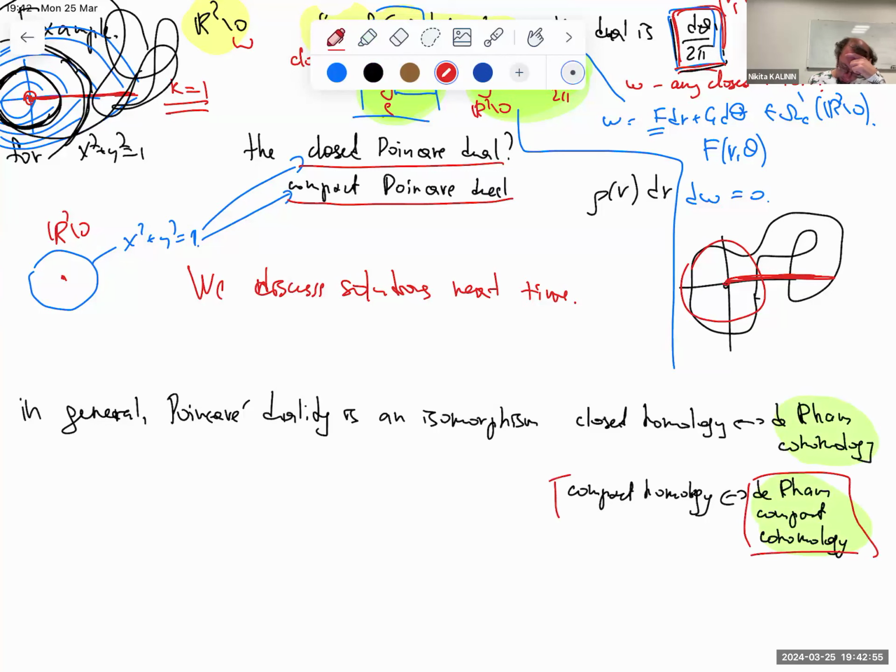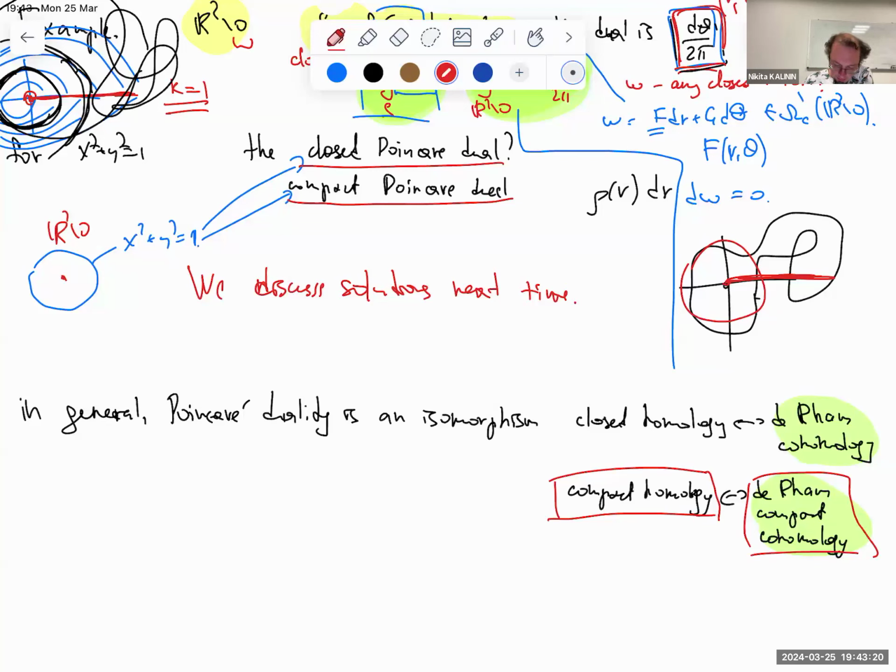It corresponds to the usual so-called compact homology. That's, for example, simplicial homology. As you remember, in simplicial homology, you always consider finite sums of simplices. So any chain in compact homology is always compact.